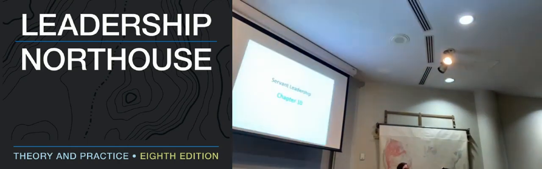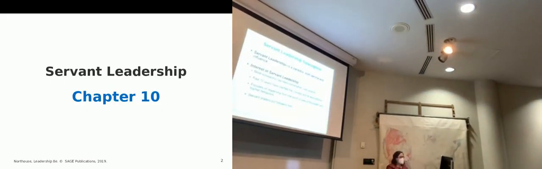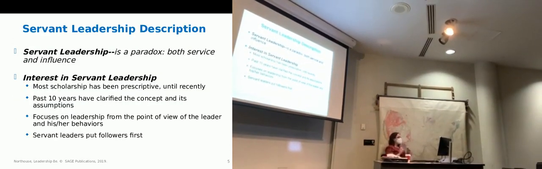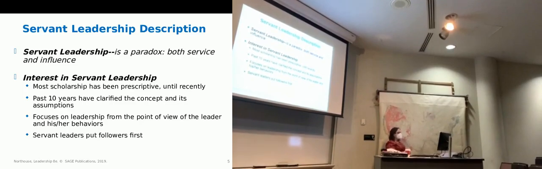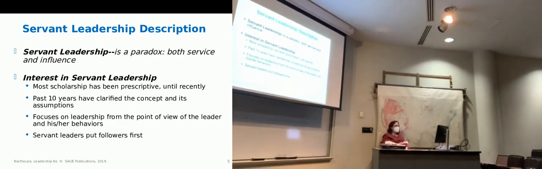It's another one of our process theories. And what's interesting is that, again, it's servant leadership, not servant leader. So it's about the process, and it's a paradox. When we say something's a paradox, what do we mean by that?